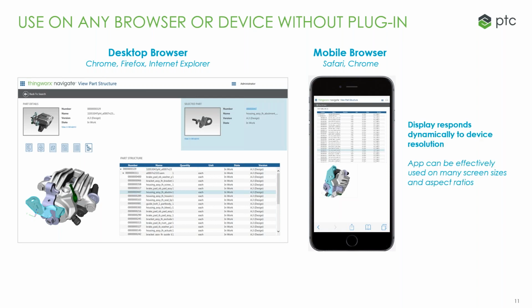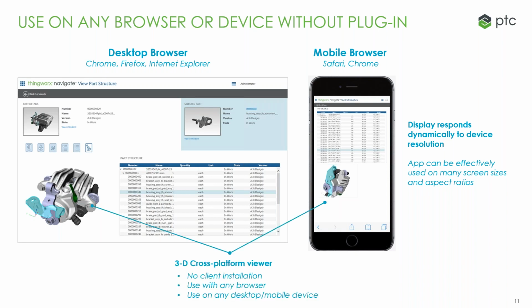And the display will adapt to whatever device Navigate is used on. So if I go into a bill of material, I go into a part and I want to see information about it, I can use both desktop and mobile devices to do that within my company.